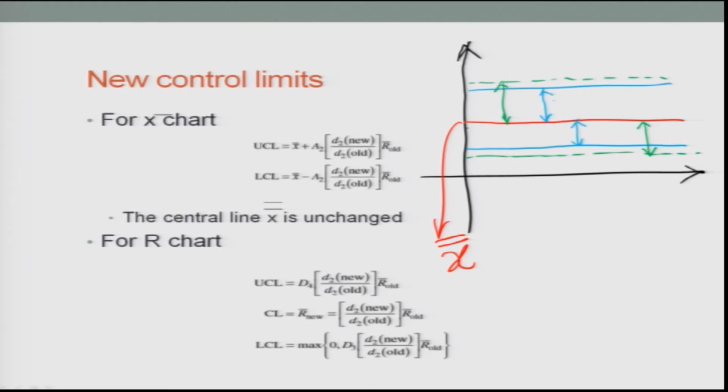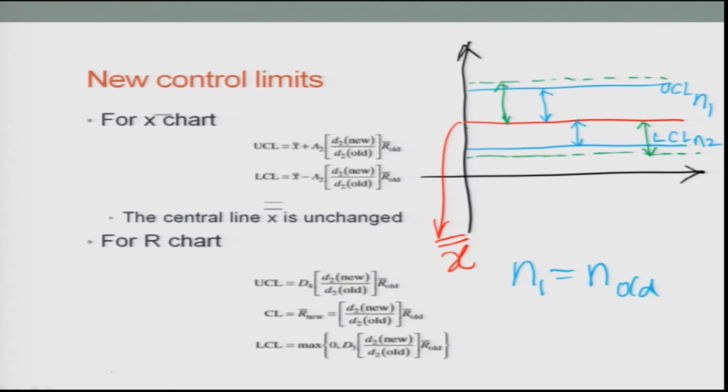So, we will say this would be the upper control limit for N1, N1 basically meaning N old, just a nomenclature, do not be confused too much about this. This is the lower control limit for N2.